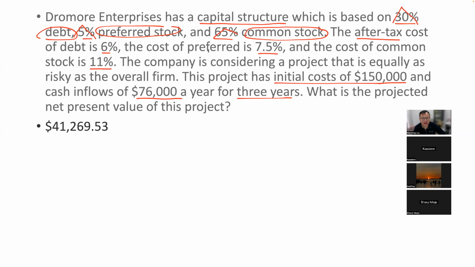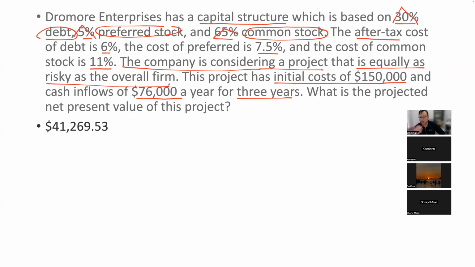Yeah, rate. Thank you, Godfrey. Yeah, rate of return. Yeah, the yield, right? The yield. So what is the expected return of the project? What is the yield? Well, that has to be related to the risk, right? So here, the company is considering a project that is equally as risky as the overall firm, right?